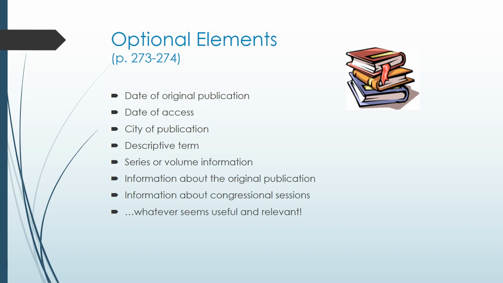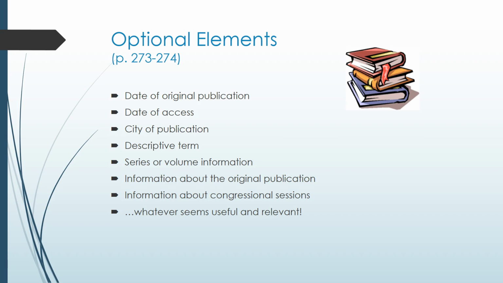While the core elements are all you need for most citations, occasionally other information may be relevant and can be included at the writer's discretion. Some optional elements are placed at the end, others are placed within the citation next to the core elements that they relate to.